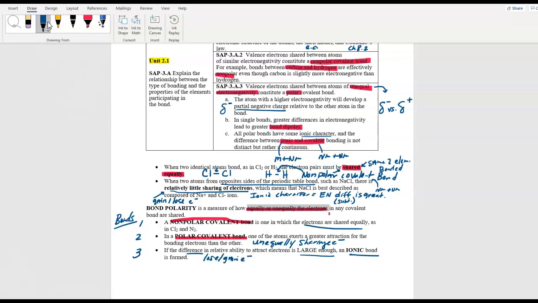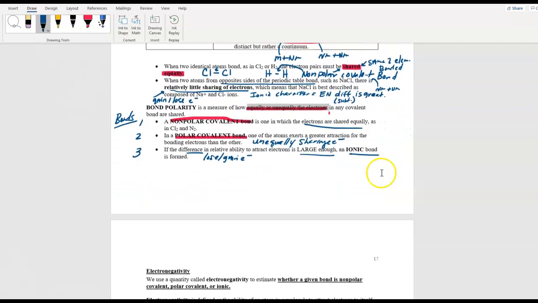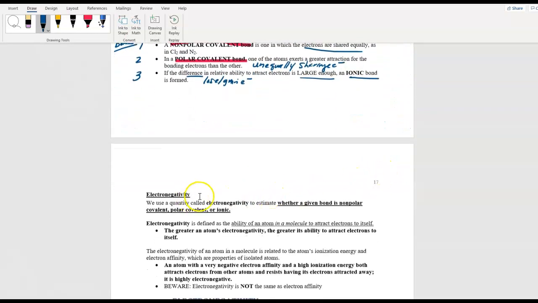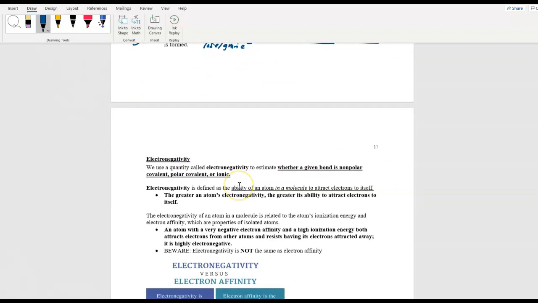Well, how do you determine what values are what? Okay, you need what are called electronegativity values. Basically, from these values, you have to figure out: is that bond nonpolar, is it polar, or is it ionic?